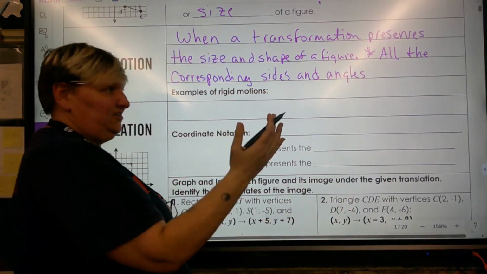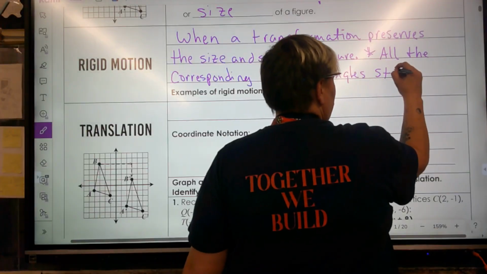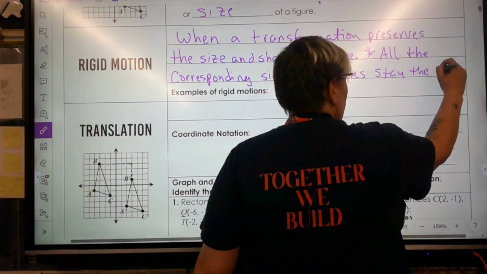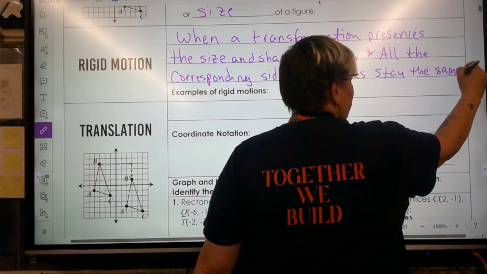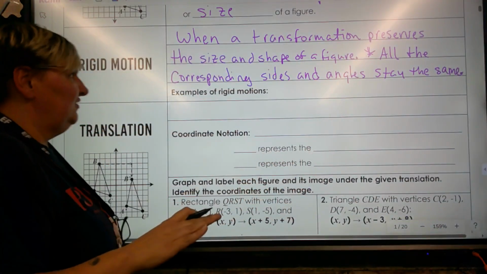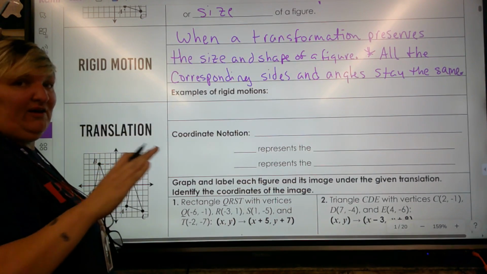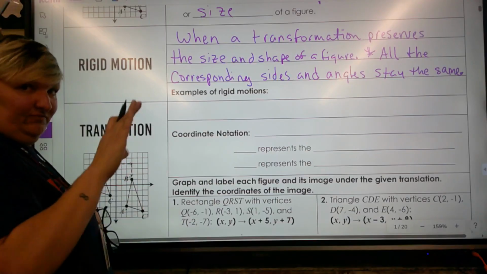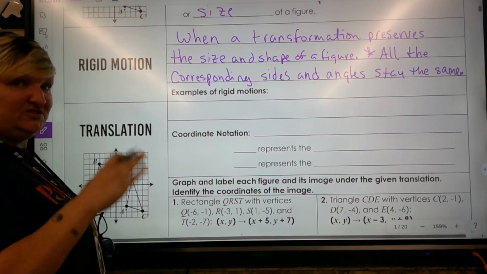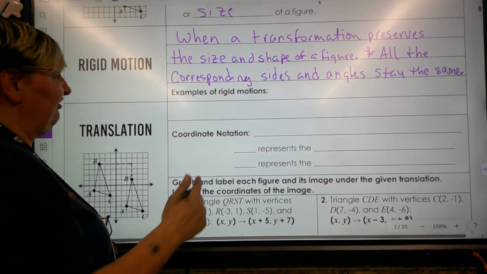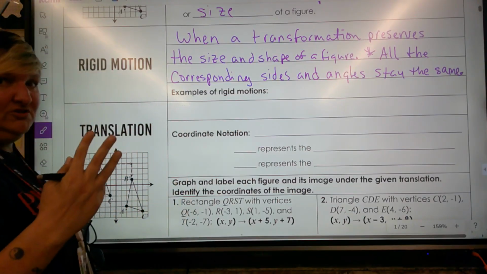From the pre-image to the image, right? Stay the same. We're not actually changing the shape yet. The ones we're working with right now are rigid motion. They don't change the actual shape itself, they just move it around. Right? There are three types of rigid motions that we're going to work with.